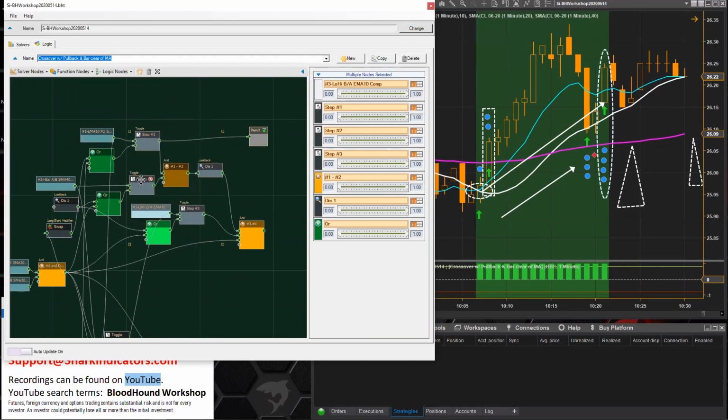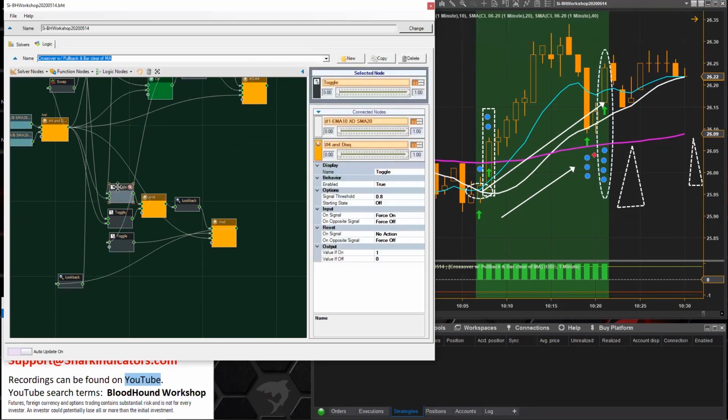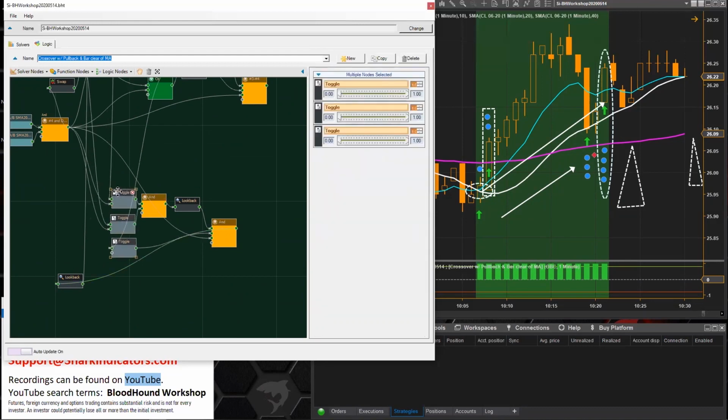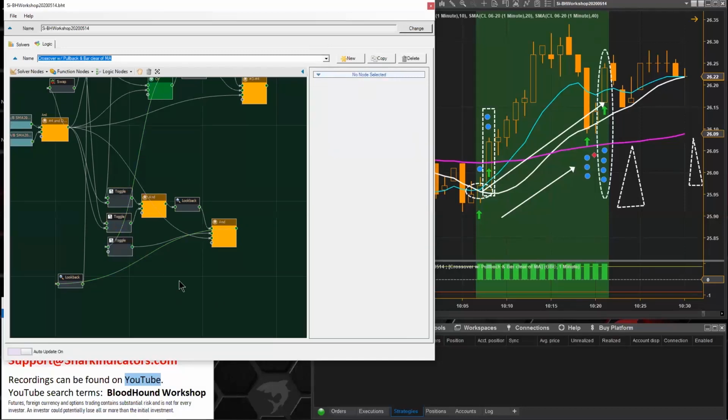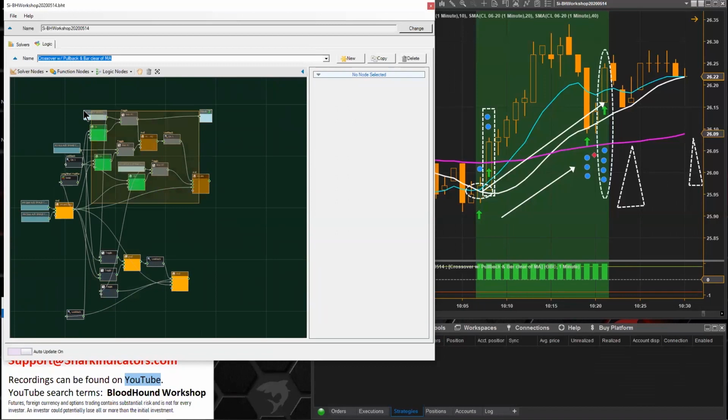I took these toggle nodes and the AND nodes, the look back nodes, and created a simple version of it, because I didn't need to reset any of these toggle nodes. Luckily, sometimes you might, sometimes you don't. I just created a very simplified version of the signal.